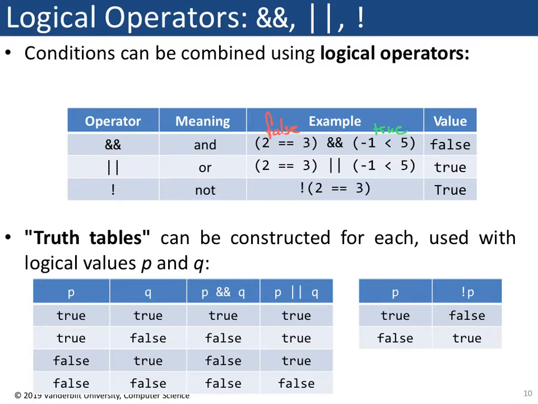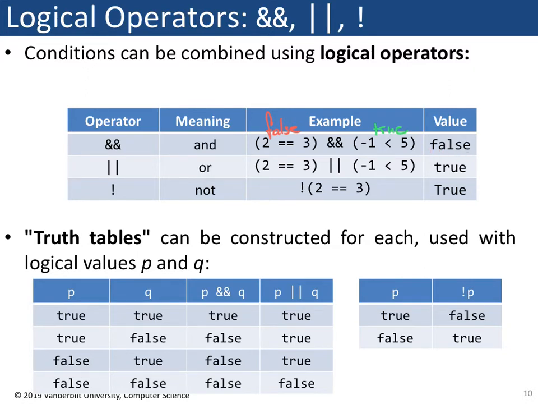If P is false, even though Q is true, P and Q is false. And if they're both false, then P and Q is false as well. So in the situation back in this example, we have false and true. So from our table, false and true is going to yield an ANDed value of false. And that's exactly what we got.